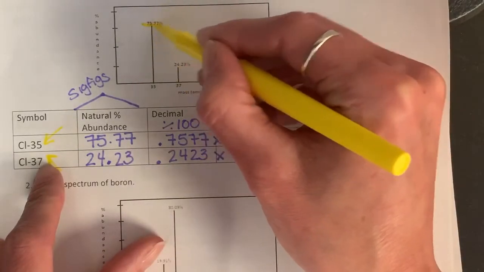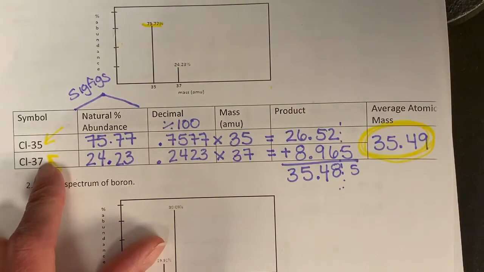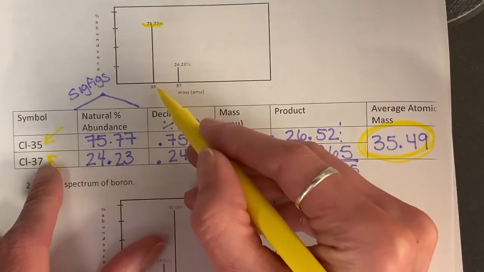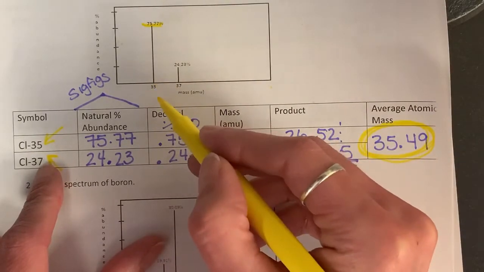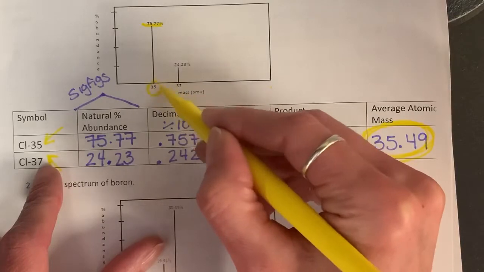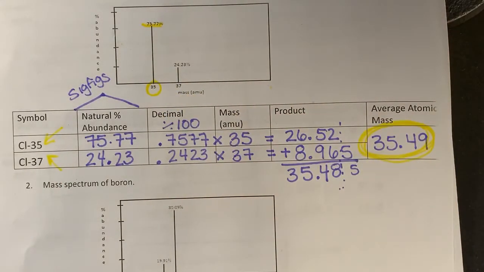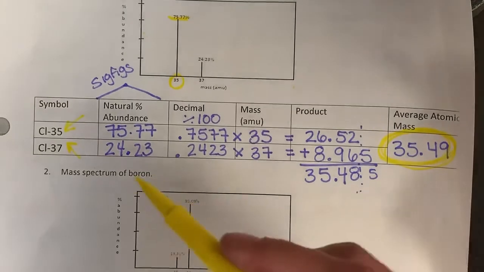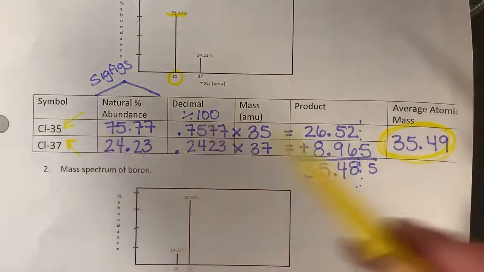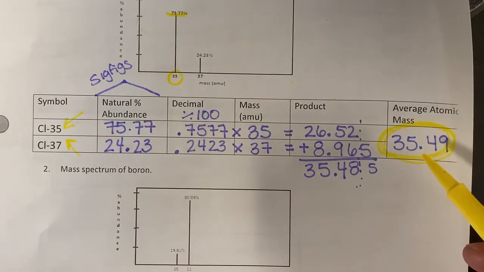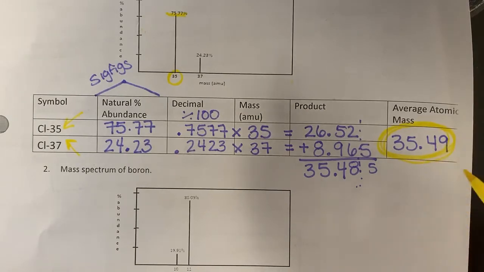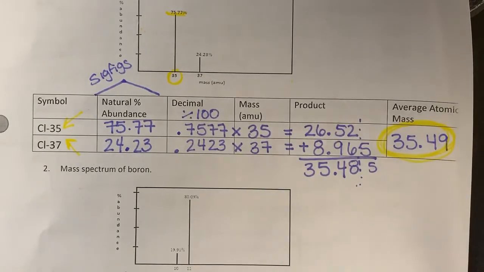Because this is a much higher percent, it carries more weight, and so on average the weight will be closer to 35. Please check your answers. I always have somebody do the math and come up with an answer for isotopes where you have something like this and they tell me their answer is like 297. That doesn't make any sense. Please check to make sure it makes sense.